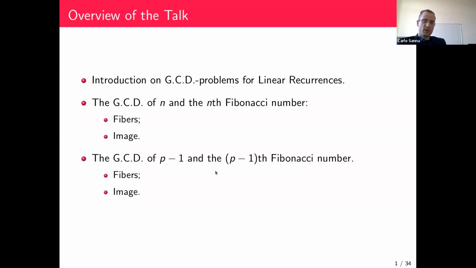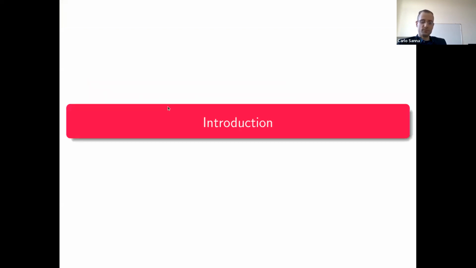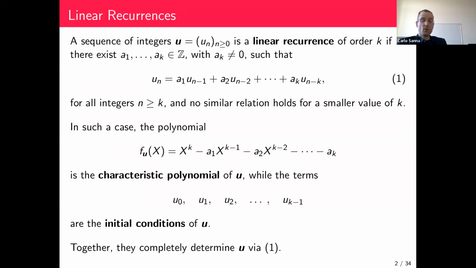All right, so let's start with the introduction to these greatest common divisor problems for linear recurrences. Well, maybe it's better just to be on the same page, a bit of refresh on linear recurrences.